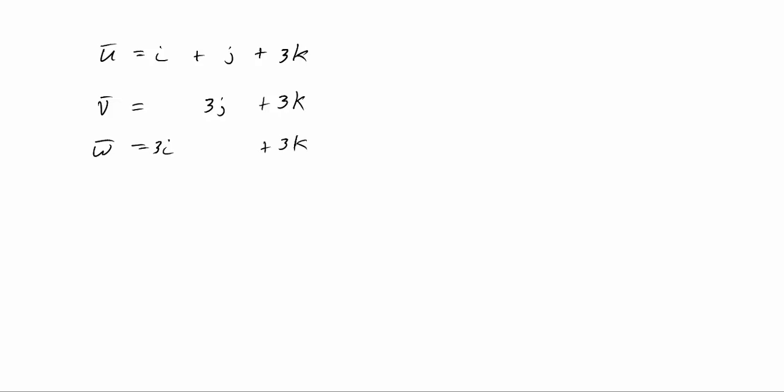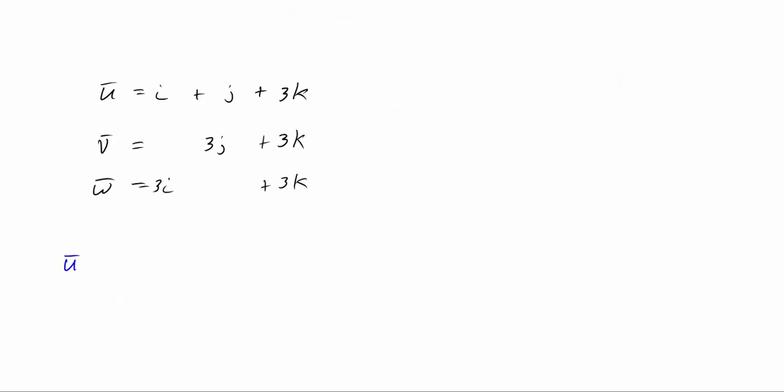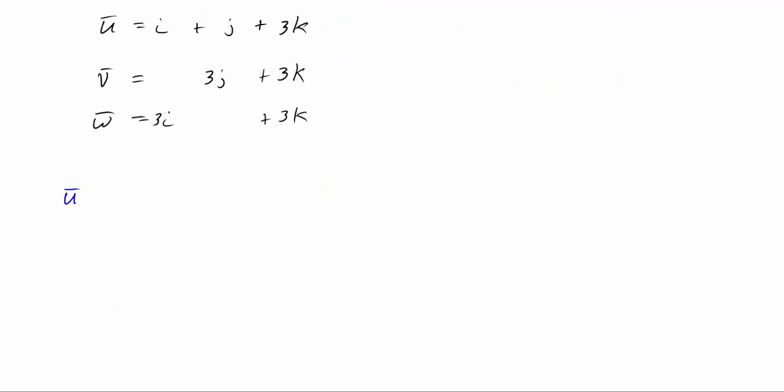So if these 3 vectors are representing the edges of this parallelepiped, now I'm not going to try to sketch this out, then we could certainly find the volume by using this triple scalar product. So we would take u dot v cross w.